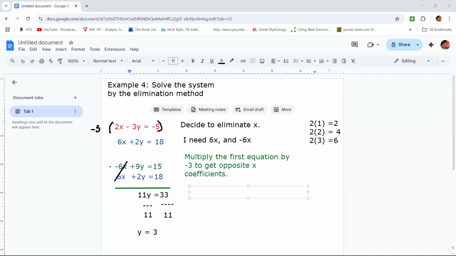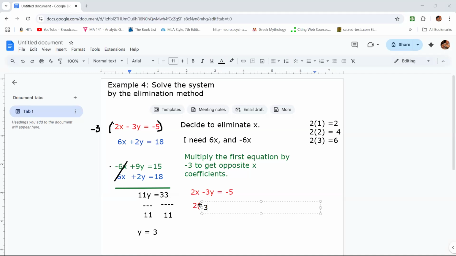2x minus 3y equals -5. And I know that y is 3. So I'm going to say 2. Now, here, I'm going to put a 3 there, okay?